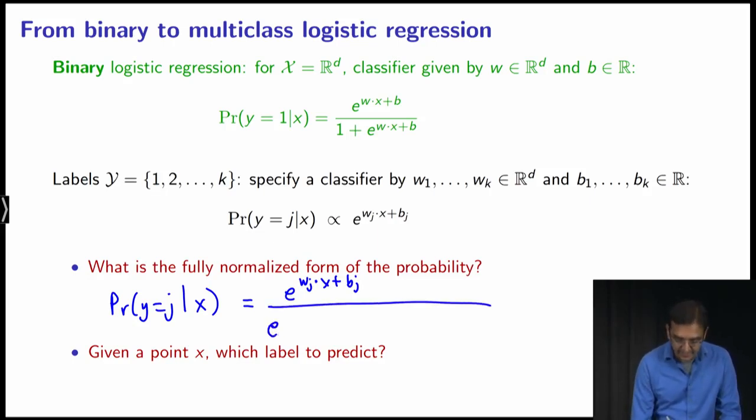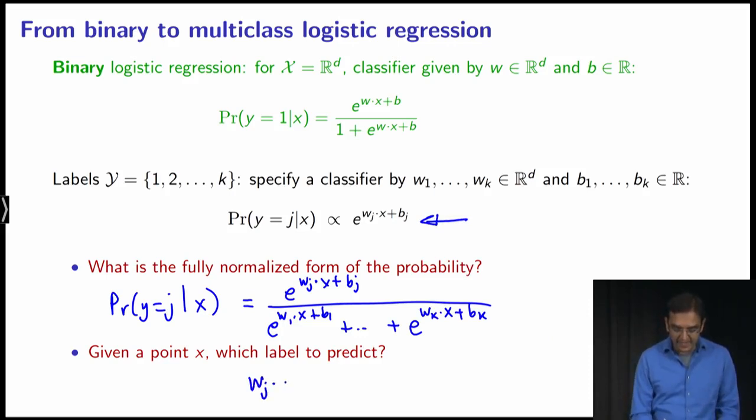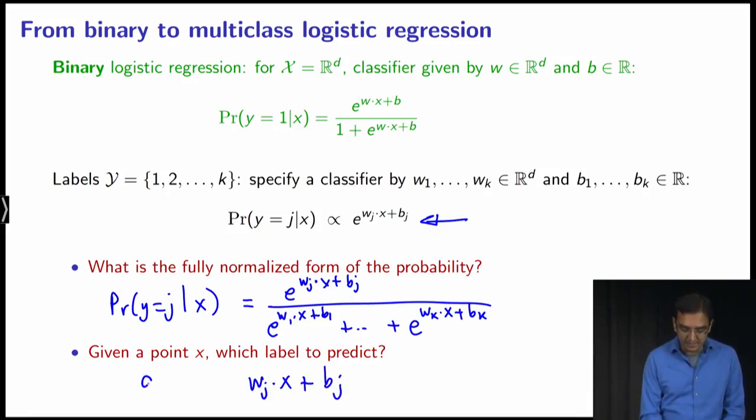We divide it by the term for class 1 plus the term for class 2, all the way to the term for class k. So that's the probability that y equals j given x. Now, what label would we predict for x? Well, the one for which wj dot x plus bj is largest, in other words, the argmax of this.